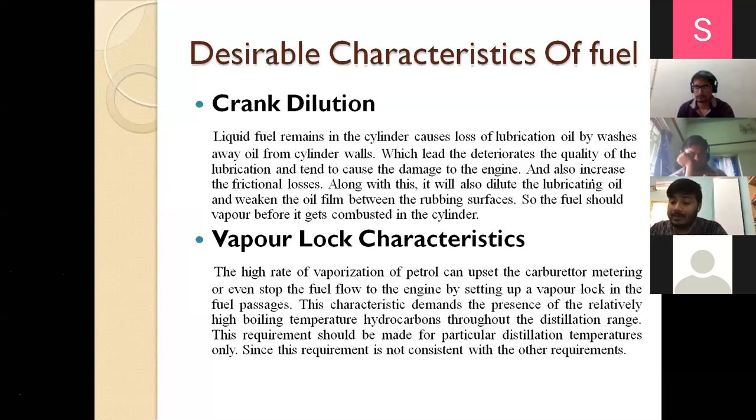It will go to the passage where the lubrication is there, that means the passage between the piston surface and the cylinder surface. It will try to dilute the lubrication, so the lubrication loses its property. If the lubrication loses its property, there will be friction between the surfaces of the cylinder and the piston. So if the friction is there, there will be frictional loss.